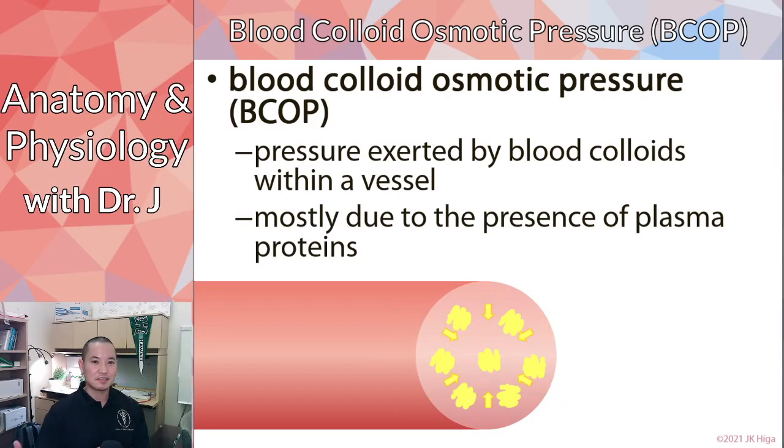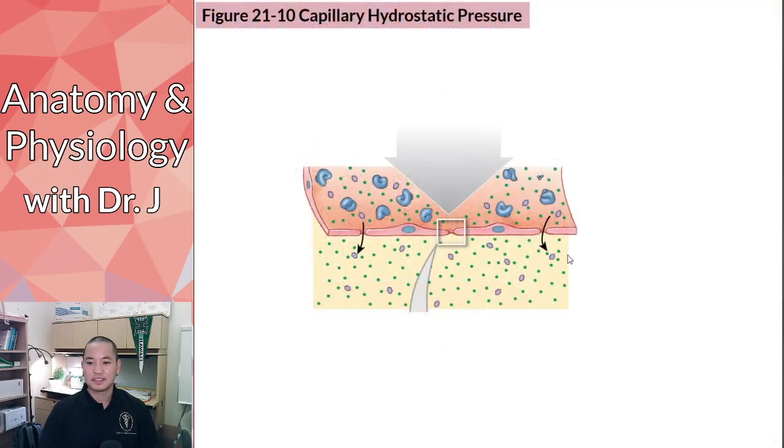So it's related to osmosis, but instead of things like sodium, chloride, glucose, or other ions and solutes drawing in water, you have special proteins in your plasma that help to draw water back into your vessels.